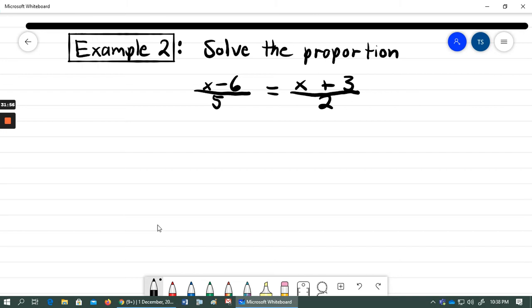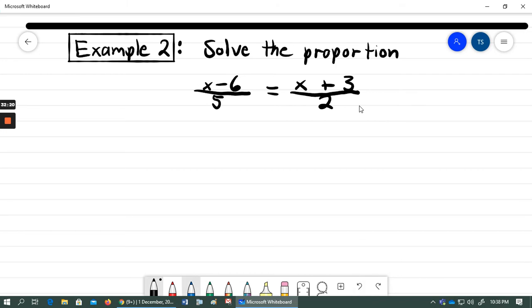And guys, this is a proportion as well. I know it looks a little bit different, because we've got what looks like an x on the left side of the equation and an x on the right side. But since we do have one fraction equal to another fraction, it's a proportion. We can solve it by taking the steps that we need to take.